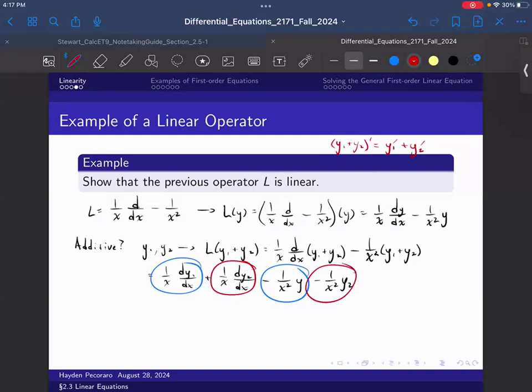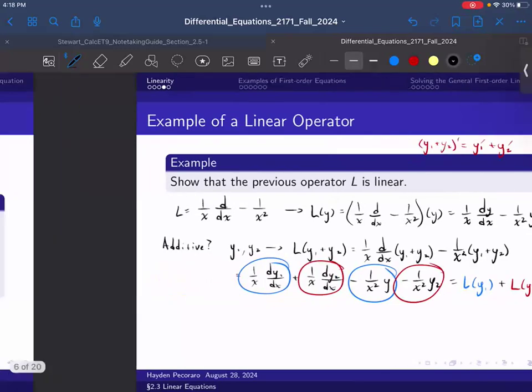And those will look like, in blue, L of y1, and in red, L of y2. Oh, that should not be minus, that should be a plus. Okay, so that additive property is satisfied.